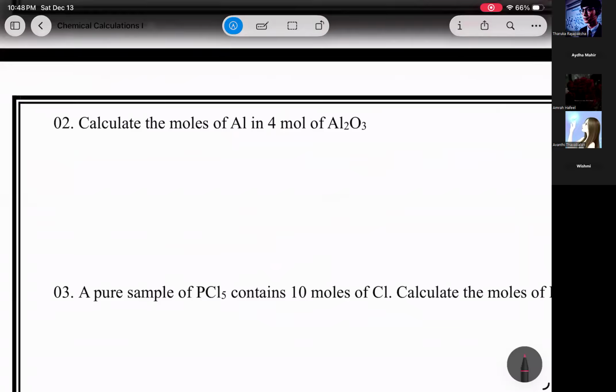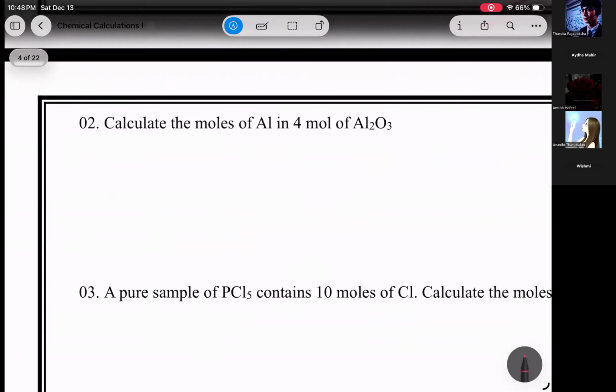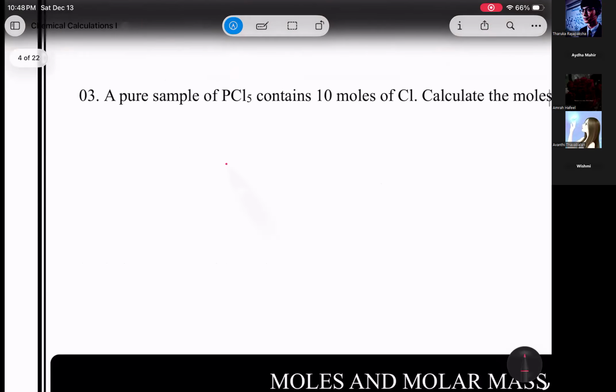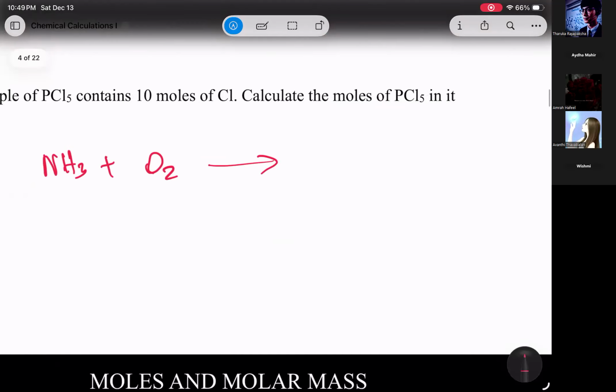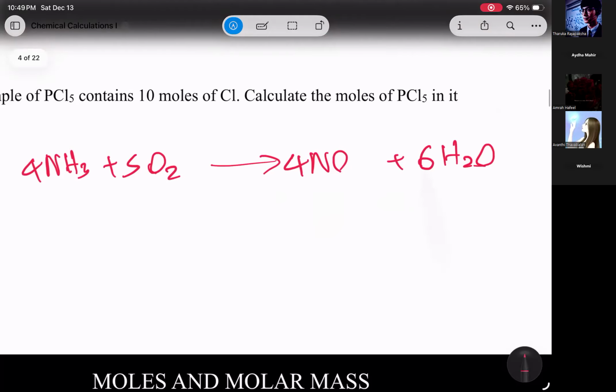Now, let's write an equation again, a ratio. Number of moles of aluminium is to number of moles of Al2O3. This is how you write in exams. These ratios, even in an equation, let's say ammonia plus oxygen goes to NO plus H2O. Take this equation.